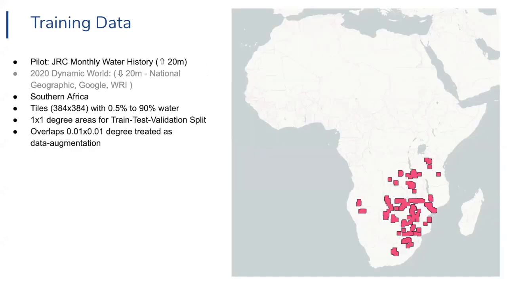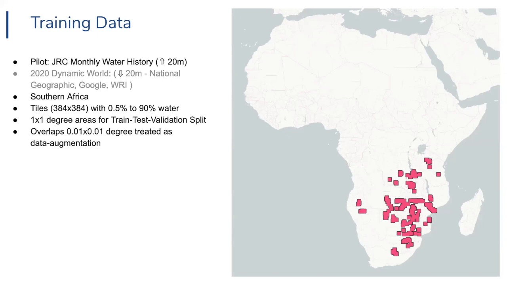For the pilot that I'm discussing today, we're actually using JRC's data as ground truth. So we're taking the 30 meter and downsampling or upsampling to 20 meter and just saying this is ground truth. That said, we are then going to take the data that Steve mentioned yesterday and was briefly mentioned in Chris's talk as well, from this Dynamic World project with Nat Geo, Google, and WRI.